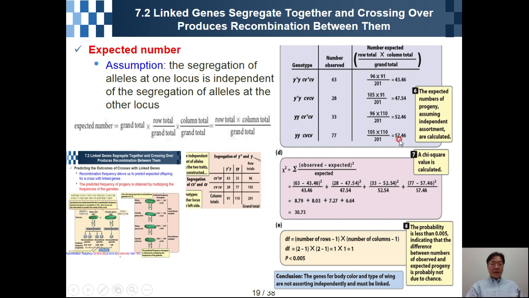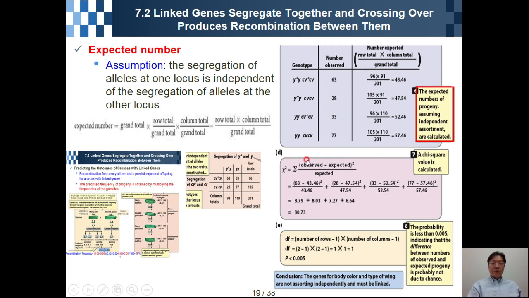So the expected number of progeny, assuming independent assortment, is calculated like this. The expected number is the row total multiplied by the column total per grand total.